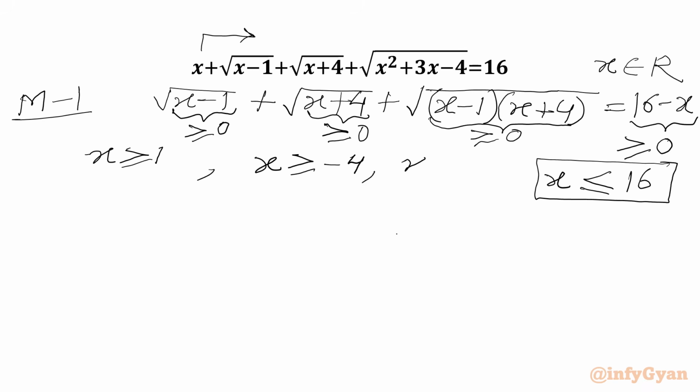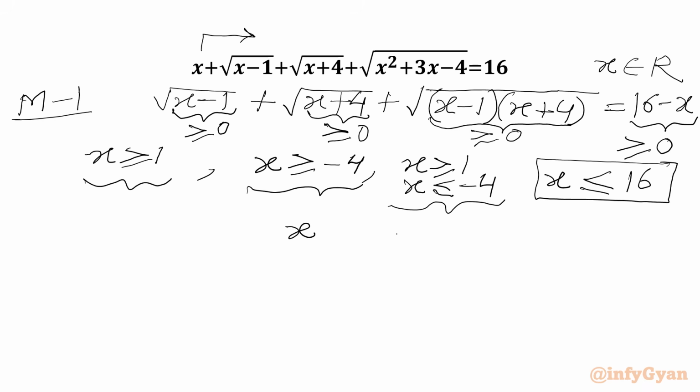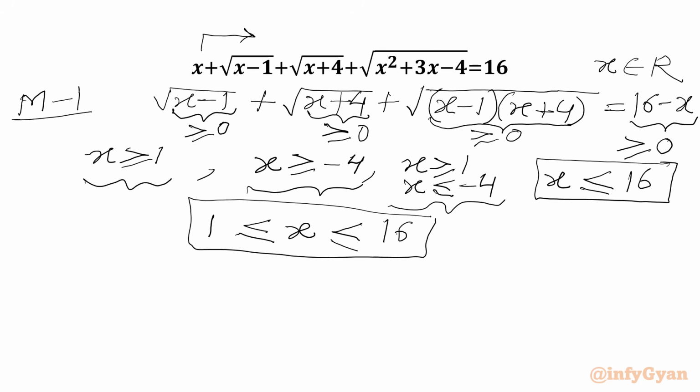And here x should be greater than or equal to 1, or x should be less than or equal to minus 4. So we have three conditions from LHS and one condition from RHS. If we combine all together, we get x in the interval 1 to 16. Then only we are going to get real solutions.